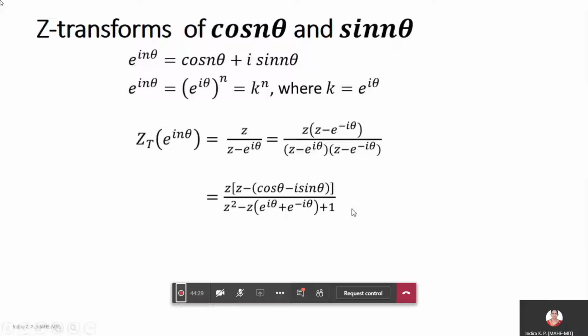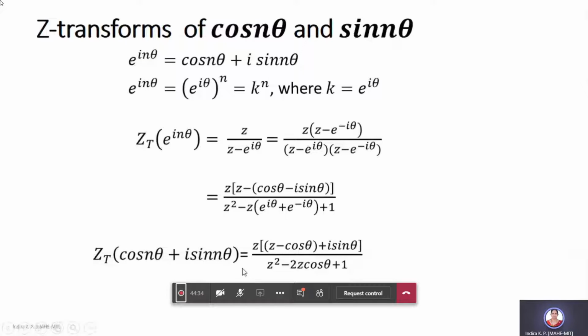So if you separate the real and imaginary parts, z into z minus cos theta plus i sin n theta, over z squared minus 2z cos theta plus 1. So what I get is, if I equate the real parts, I get the transform of cos n theta. If I equate the imaginary parts, I get the z transform of sin n theta.